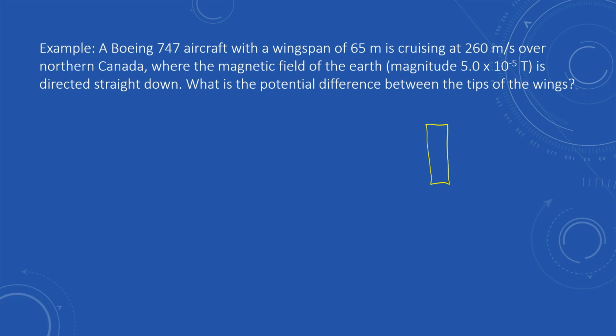So let's say this is a top-down view. So we should have a magnetic field then pointing into the page. So everywhere around this plane, if we're thinking a top-down view, we have a magnetic field pointing into the page. So I'm using X's to indicate that. And let's assume that our plane is moving to the right, just like in the examples we've been doing.